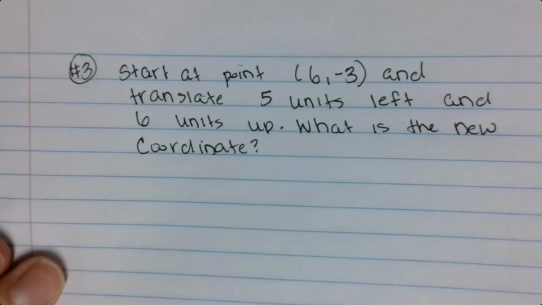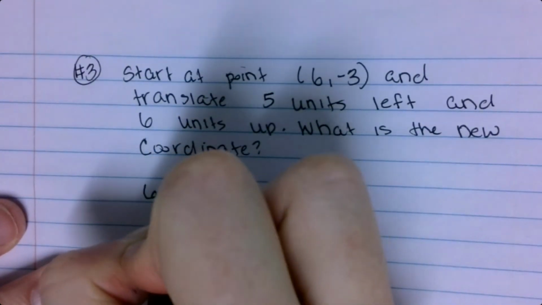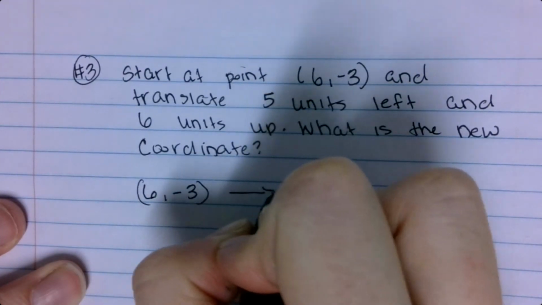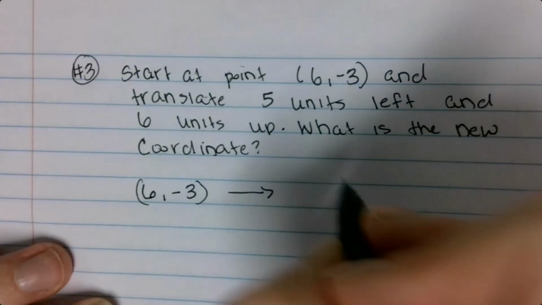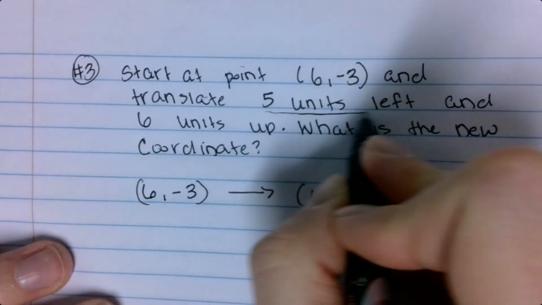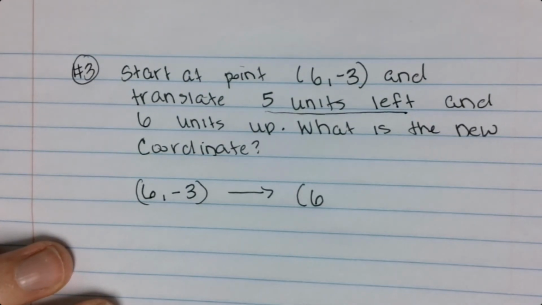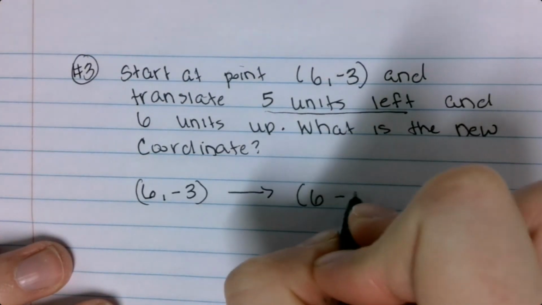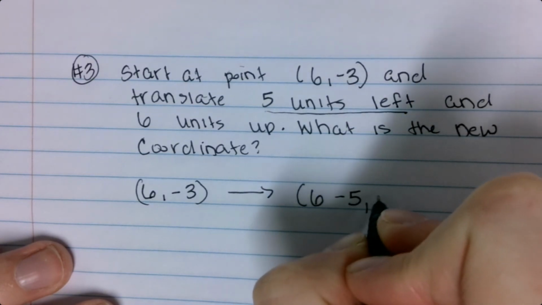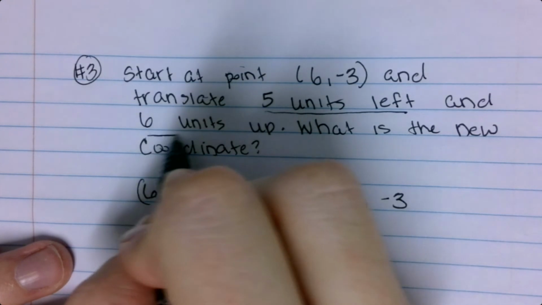Okay, so we are starting at 6, comma, negative 3, right? We are taking 6, and if we're going left 5 units, think about it, is that plus or minus? That would be minus 5. Then we are starting at negative 3, and we are going 6 units up.